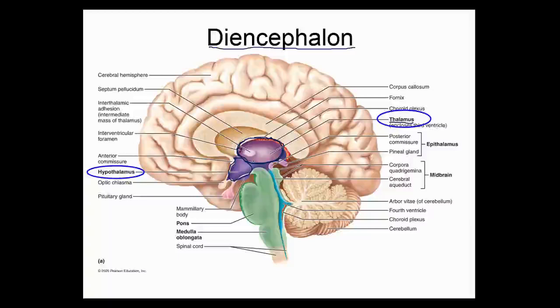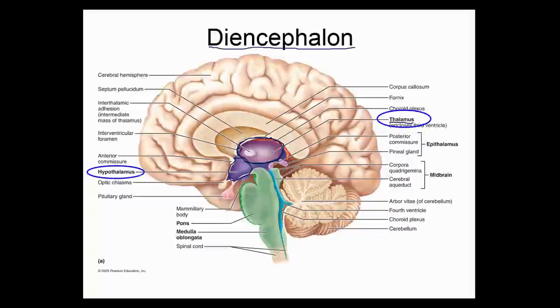The hypothalamus, this small, inconspicuous part here, has a lot of involvement with controlling the autonomic nervous system, or the ANS. If you remember, the autonomic nervous system is the involuntary control of our organs, and also the endocrine system. So it's that involuntary control of your organs and your hormone production.